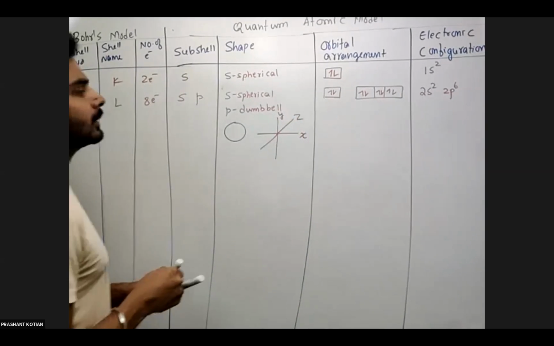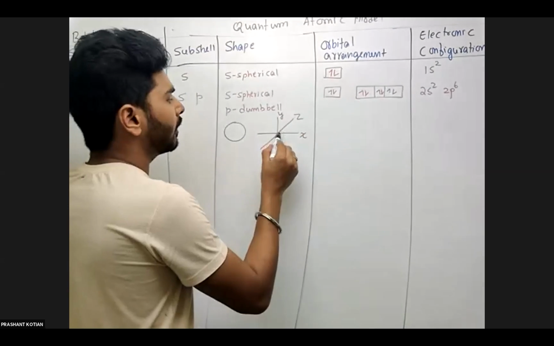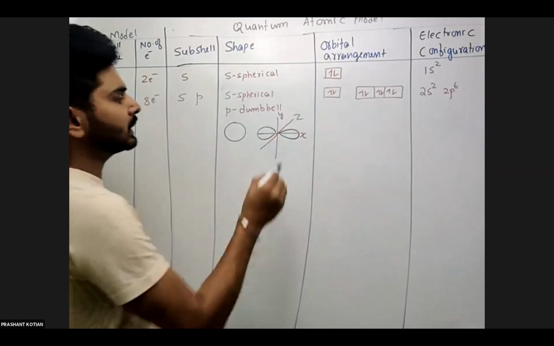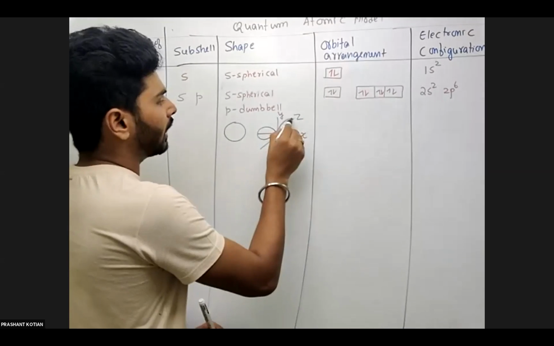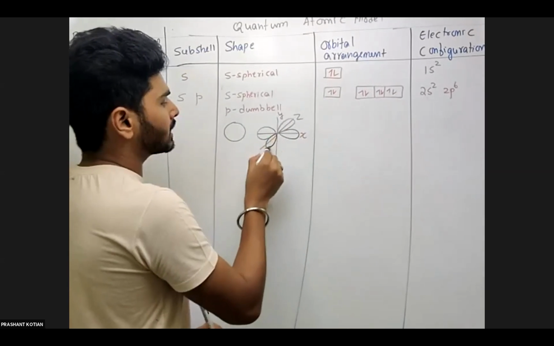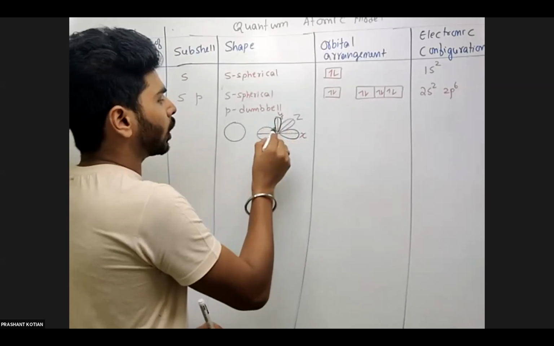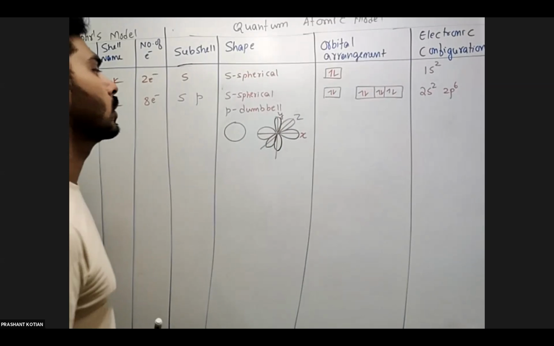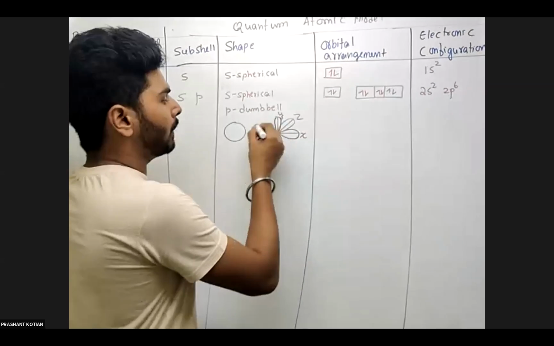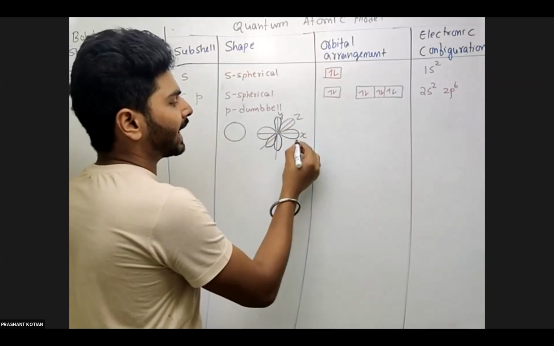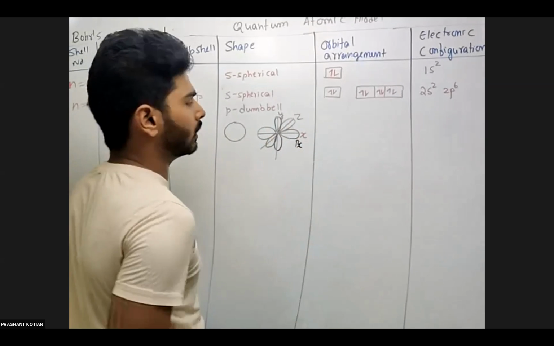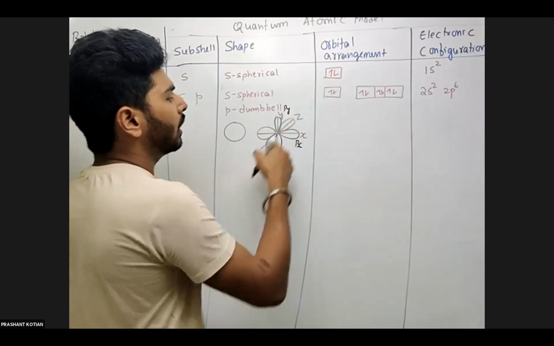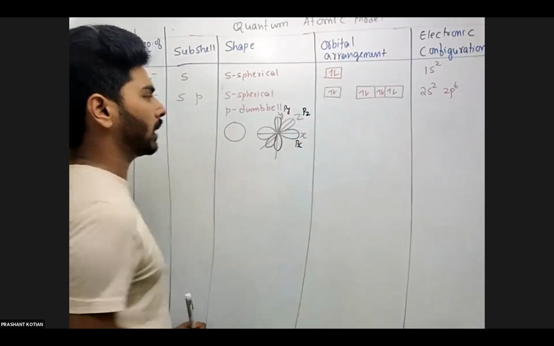So electrons will have a dumbbell shape. Dumbbell shape means electron density or presence will be maximum at the corners of the axis and minimum at the center. The dumbbell present along the x-axis will be called the px orbital. The dumbbell present on the y-axis is called the py orbital, and this will be called the pz orbital.